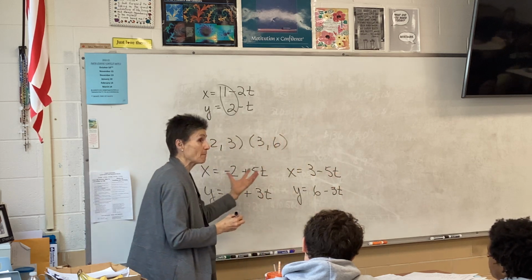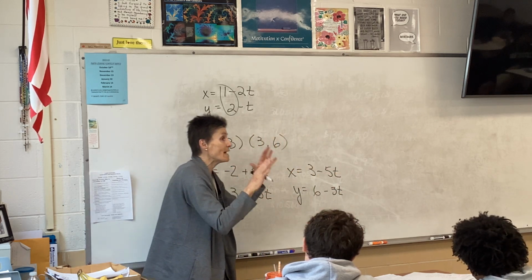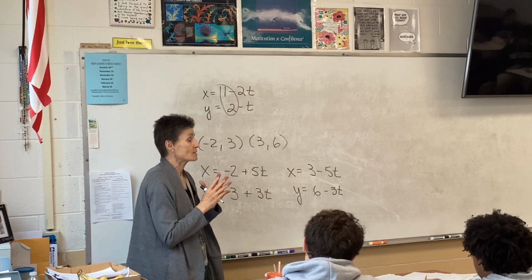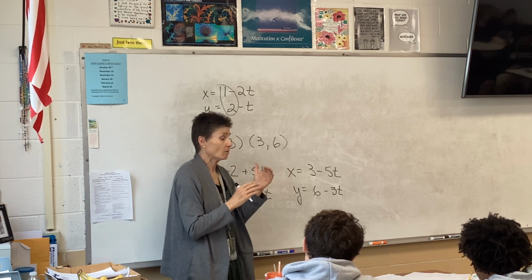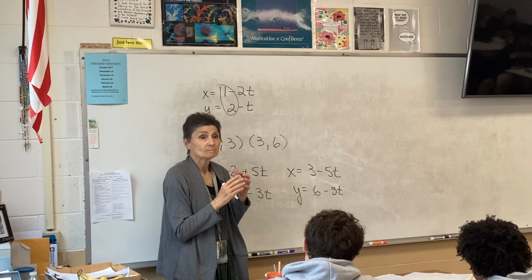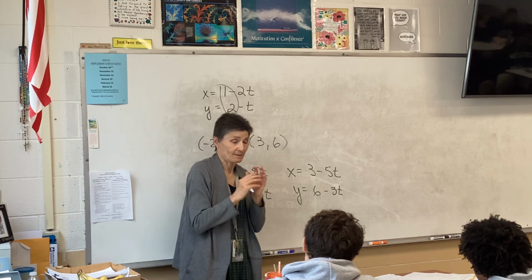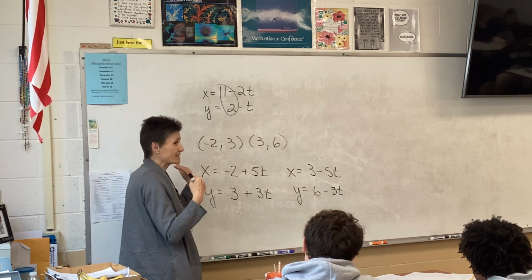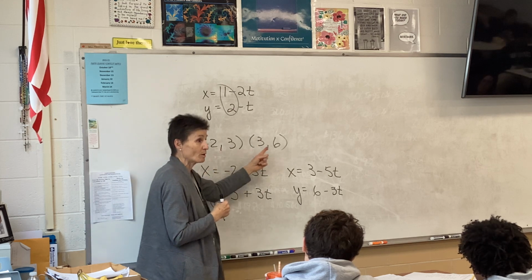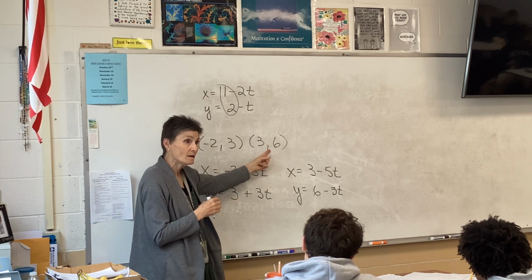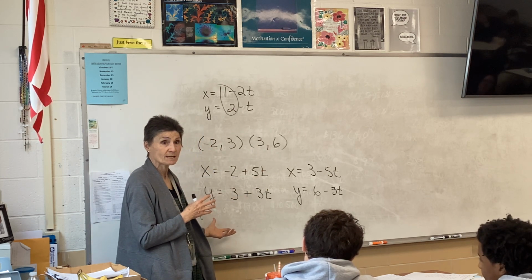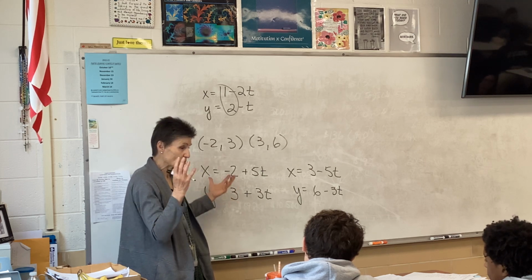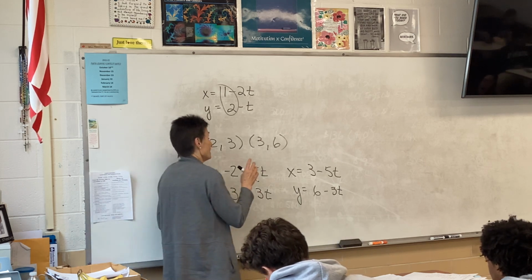These are both acceptable answers. There are many acceptable answers. How many points are on a line? Infinitely, a lot, right? So it makes sense to either use this one or this one, because we know them. But are there other points we could be using? Sure, if you want to mess around figuring that out.